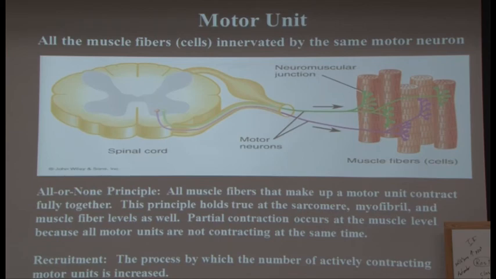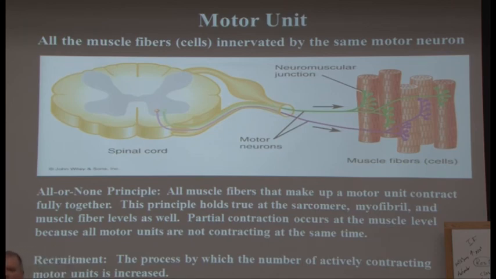So the way a muscle, like the biceps, can do a partial contraction is the biceps is made up of many motor units. And if you only do a partial contraction, the brain only sends signals to part of the motor units. To do a full contraction, the brain has to send signals to all of the motor units.